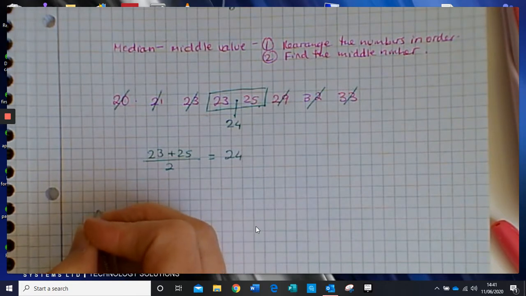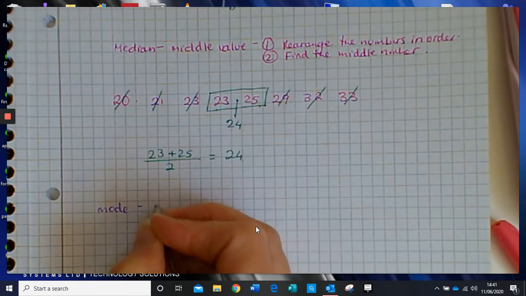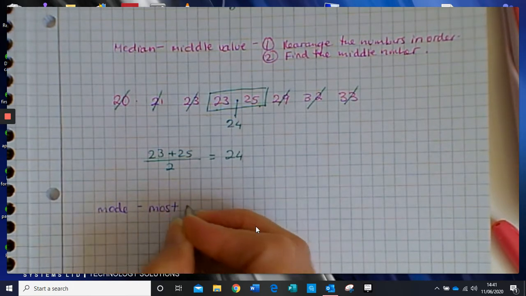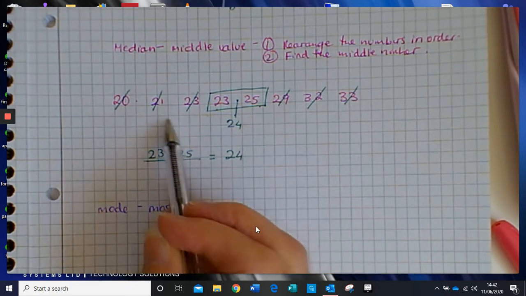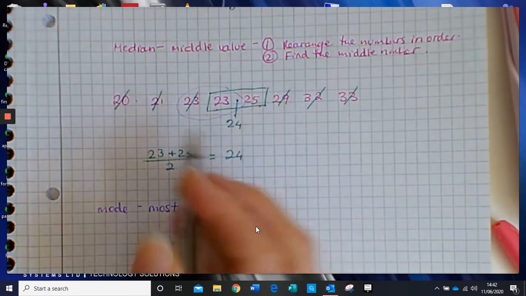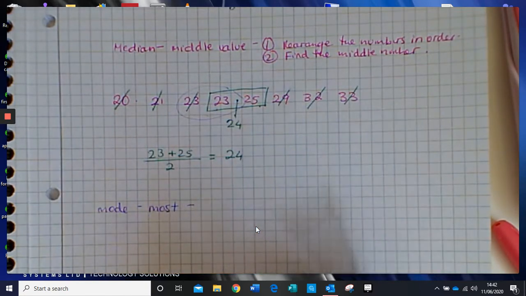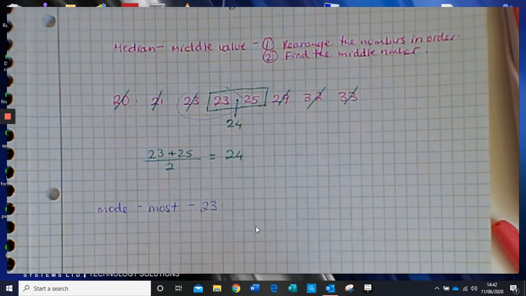So our mode, which we can remember by saying most, the number that occurs the most, is going to be 23, okay, because there's two 23s and all other numbers only occur once. So that's 23.